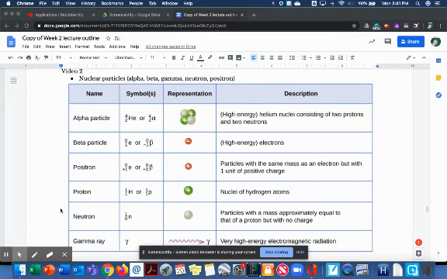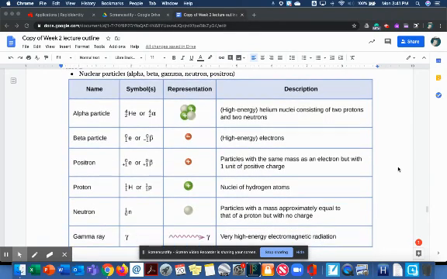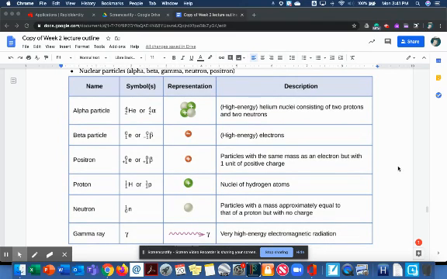Hello and welcome back to part two, where we're going to look at some concepts in nuclear chemistry, which is part of the atomic structure unit that we did early on.